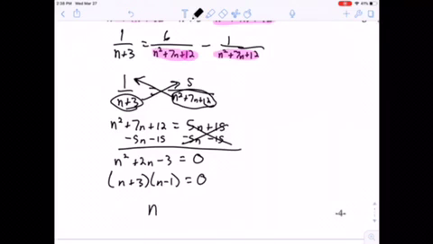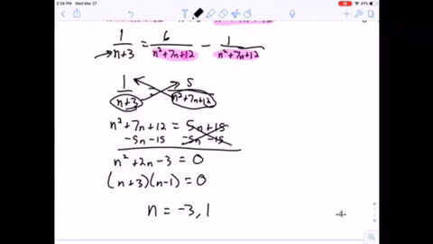And this would get us an answer of n equals negative 3, positive 1. But if we look at negative 3, if we put that in for that right there, we get negative 3 plus 3, which would be 0. Denominators cannot be 0. So n cannot equal negative 3, n can only equal 1.